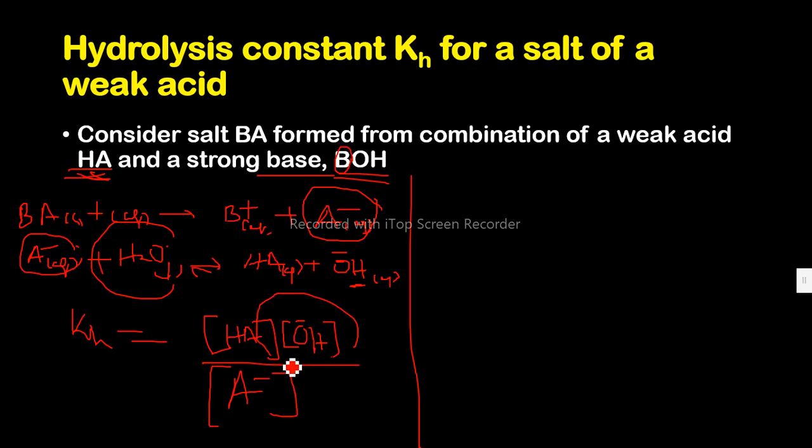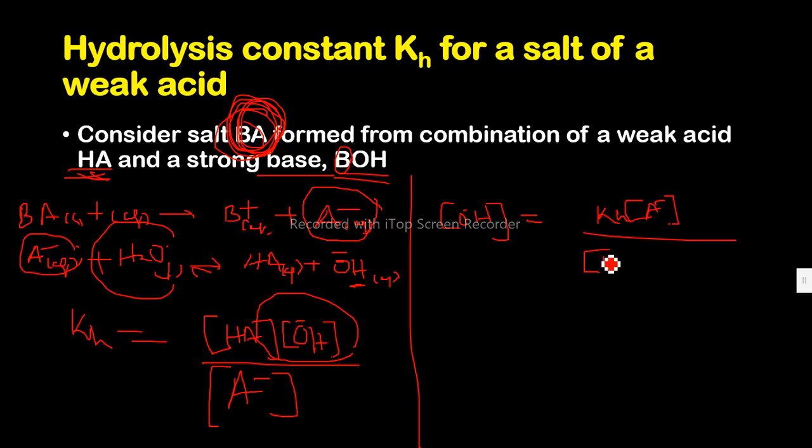If you want the pH of this solution, we shall simply get the concentration of OH ions and make it the subject of the formula, which is simply KH, the hydrolysis constant, times the concentration of A minus ions, and the concentration of A minus ions is the concentration of the salt that was dissolved, everything divided by the concentration of the undissociated acid.